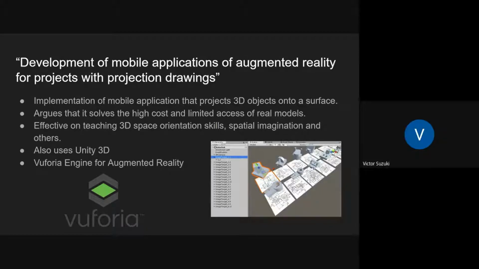Their application and objective are very similar to ours, where it aims to teach users how to draw certain models while also learning the 3D spatial skills I just mentioned. And luckily, they also use Unity 3D, which made us incline even more towards the use of the Vuforia engine, which they did, and we decided to do as well.